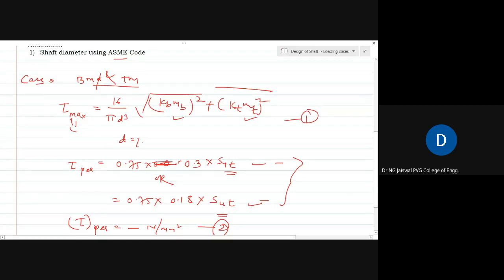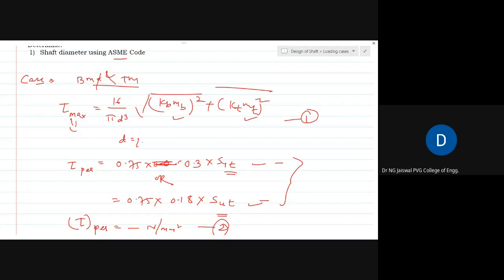Even if you cannot solve a number of problems, at least you can go through the statement of the problem this way and think: what is the loading given, which category it fits into, what are the relevant equations, what are the unknowns, whether Mb is given or not, whether Mt is given or not, and how you can find Mt if it is not given.